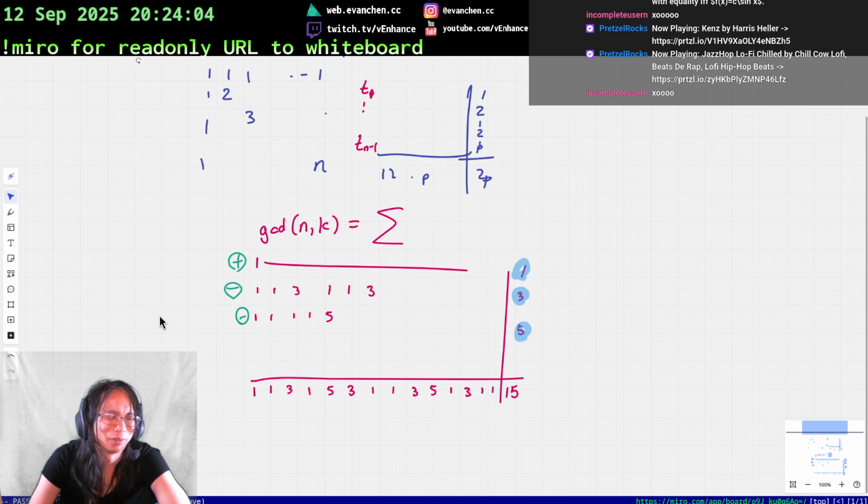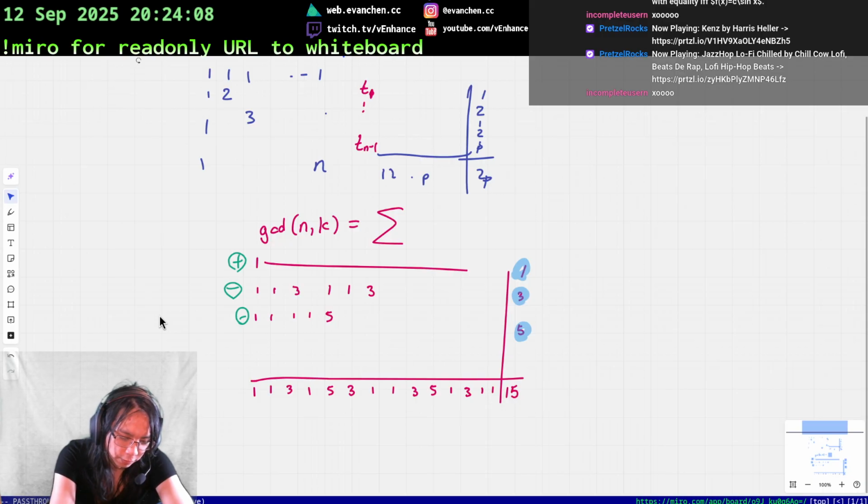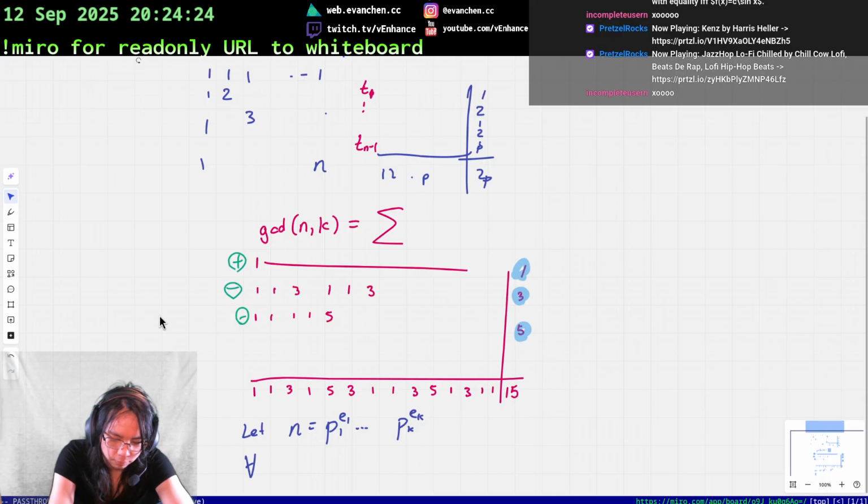I assume this just works in general, right? What's the general claim? The general claim is that if I take n equal to p1 to the e1 through pk to the ek, then I claim that for all... What am I trying to claim?